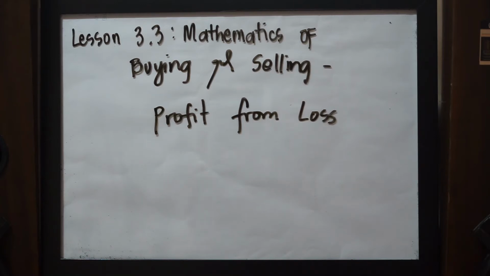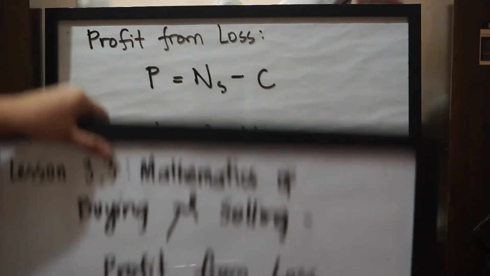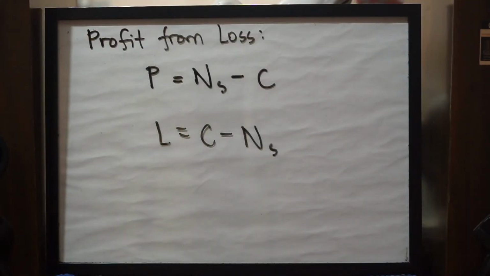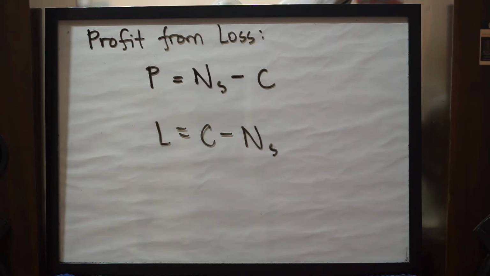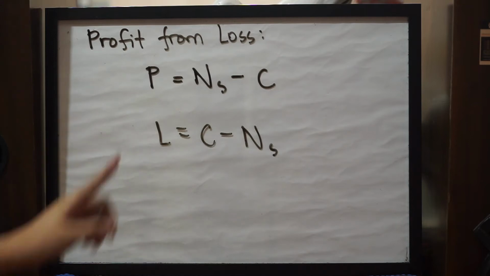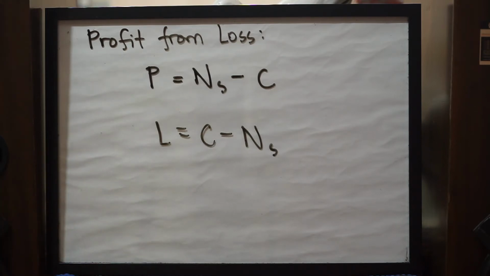So, under profit from loss, we have two formulas. Profit is equal to net sales minus cost. And then, loss is equivalent to cost minus the net sales.